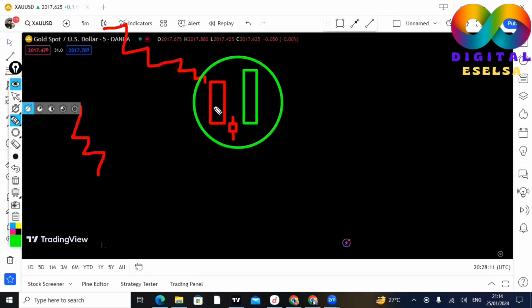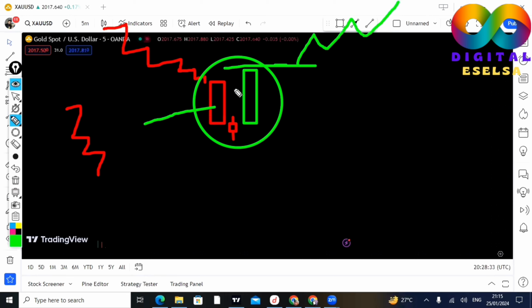When I taught you about the psychology of the candlestick body, you know that this particular candlestick has greater selling momentum and this one has lower selling momentum. And then after that, you see a bigger bullish candle that is enveloping. That is showing that the bulls are now in control. From here, you can be looking for opportunity to buy. This is what we call Morningstar, for buying opportunity.